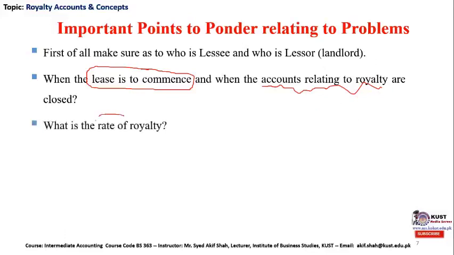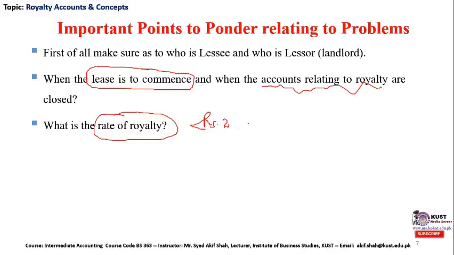What is the rate of royalty? This is what we have been discussing in the couple of previous lectures as well as in the numerical illustration, that the rate of royalty was rupees 2 per tonnage. This was the rate. This rupees 2 was known as the rate of royalty.